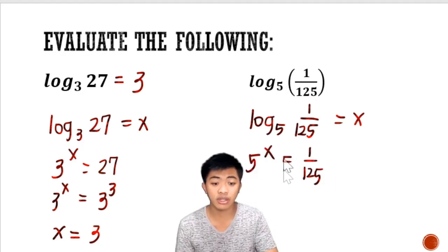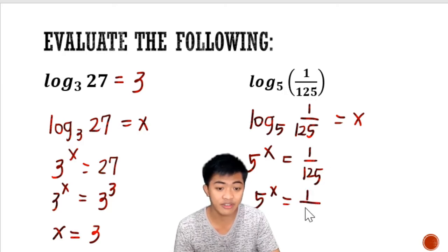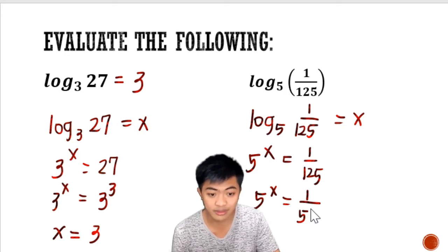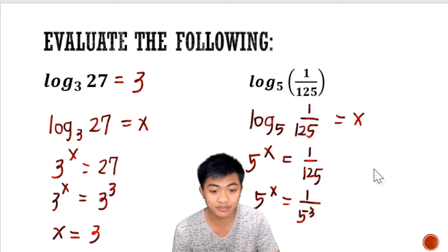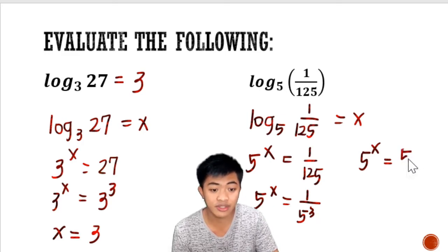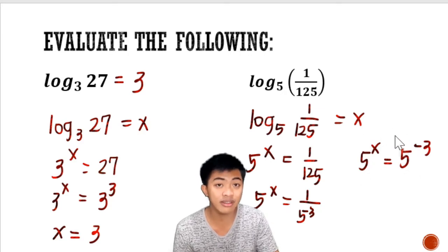Now we work on the right side. 125 can be written in a way it will have a base of 5. So 5 raised to 3, I guess. 5 times 5 is 25, times 5 is 125. So 5 raised to 3. 1 over 5 raised to 3 can be written as 5 raised to negative 3. And so now the bases are the same.